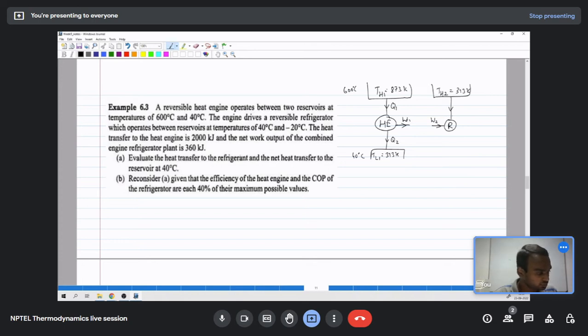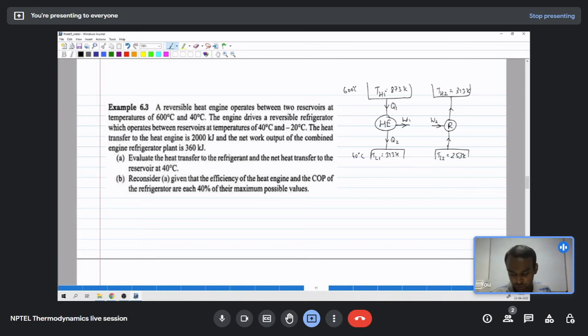and so heat transfers from the low temperature reservoir to the high temperature reservoir in a refrigeration system. The low temperature reservoir for the refrigeration system is minus 20 degrees Celsius, which is 253 Kelvin.